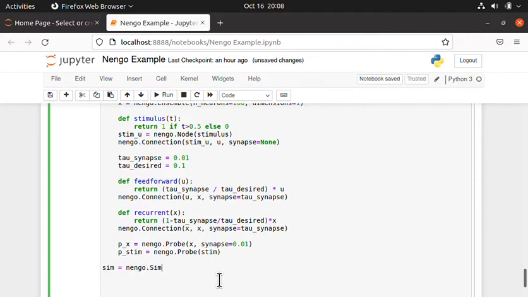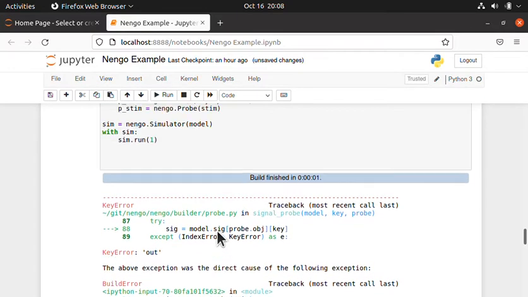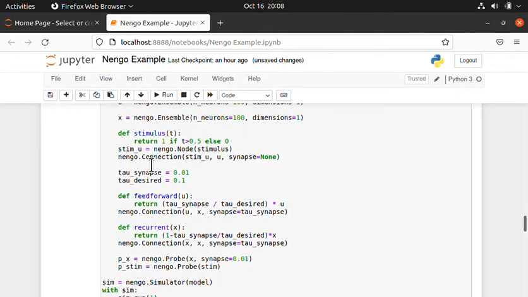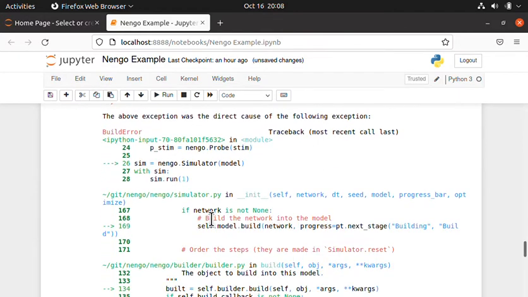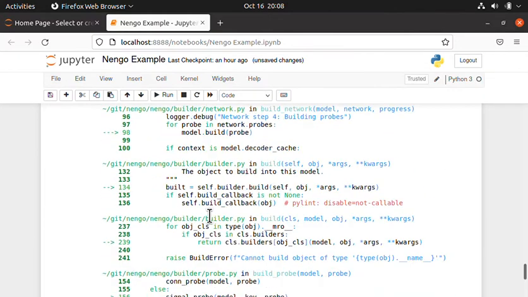Now we make our simulator. With the simulator, we say sim.run for 1 second. Oops, and I've done something wrong. What did I do wrong? Oops, it's not probable on node.